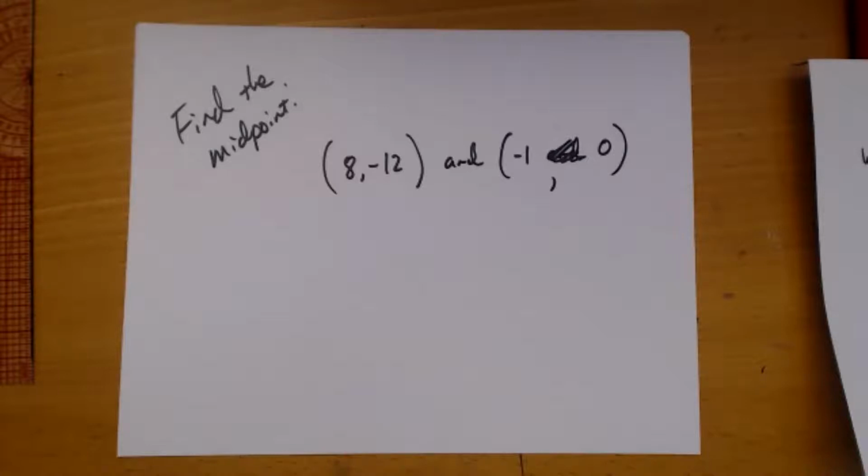I've got 2 answers in the chat right now. Come on, guys. This is what you're going to be doing all day. So add them up and divide by 2.